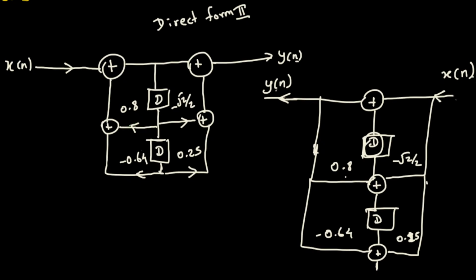So if it's this direction, I put it in this direction, and then this direction, this direction, this direction. In that way we don't have to change anything. We just have to flip the x of n and y of n. Y of n will be here, x of n will be here. Values remain the same, only the arrows will be in the opposite direction. And that is our transpose.